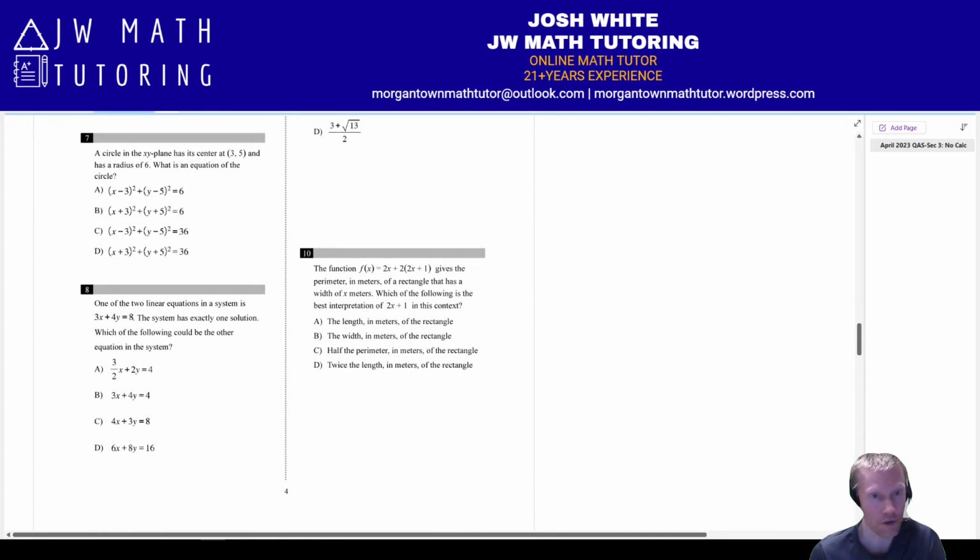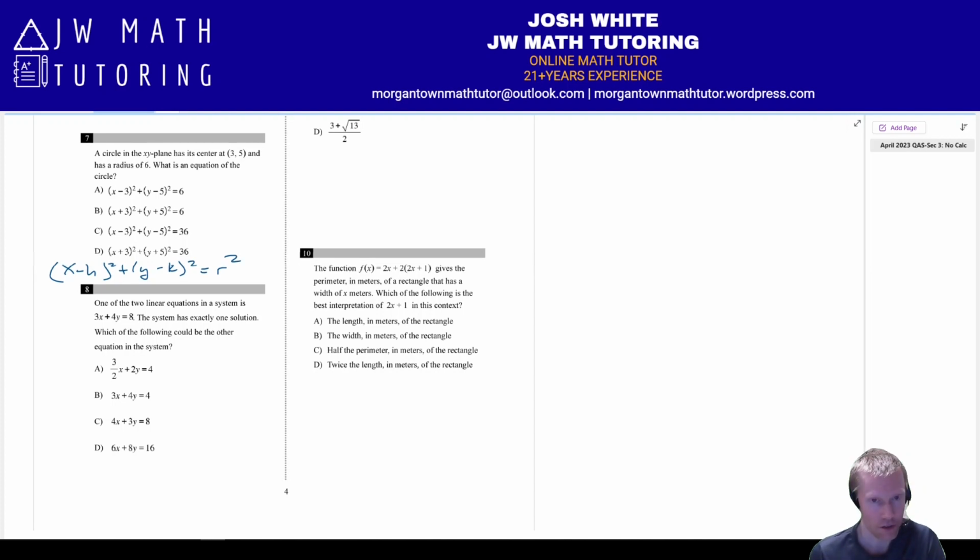Number 7, we have a circle, and we have some information about it, just its center and its radius. So hopefully you know the standard form equation for a circle, x minus h squared plus y minus k squared equals r squared, where h and k is the center. So in this problem, h is 3, and k is going to be 5.